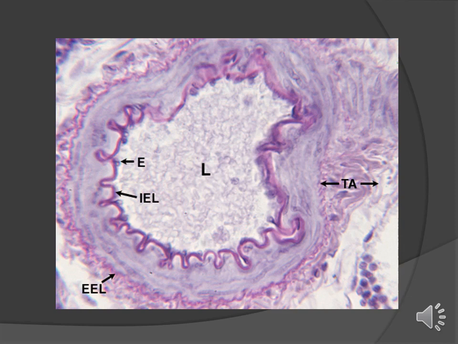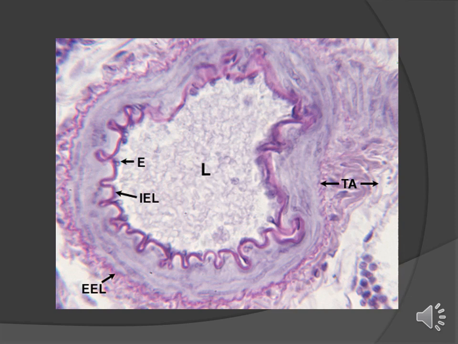The subendothelial layer is sometimes so scanty that the basal lamina of the endothelium appears to make contact with the internal elastic membrane. In histologic slides, the internal elastic membrane appears as a well-defined undulating or wavy structure because of contraction of the smooth muscle.